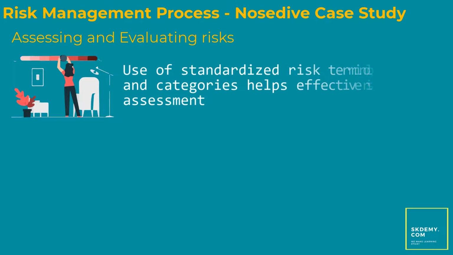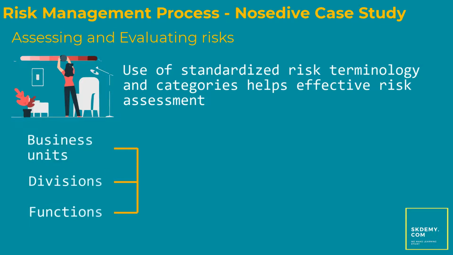The use of standardized risk terminology and categories helps effective risk assessment at all organizational levels. It's very, very important. So risks can be grouped together between business units, divisions, and functions. For instance, the risk of technological breakdowns identified by several divisions can be grouped and collectively evaluated, and that will also define the severity at the entity level. Likewise, the risks measured in an entity may also be combined at escalating levels.